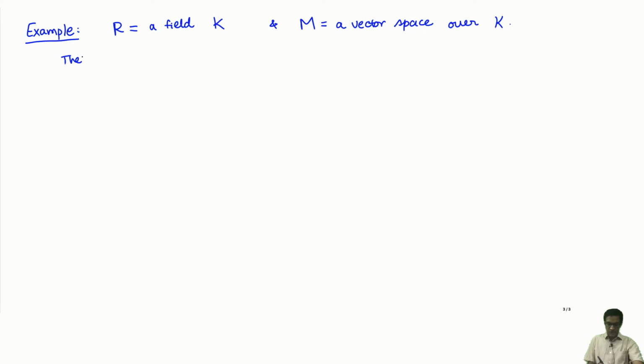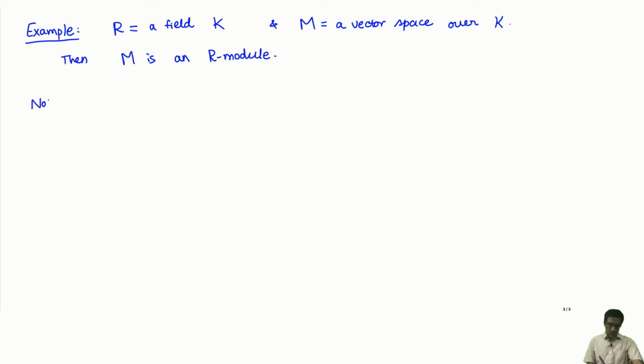Then observe that these axioms are exactly what it means for M to be a vector space. So then observe M is an R module. The axioms of a module are exactly the axioms of a vector space when R is a field. So that's our primary example.